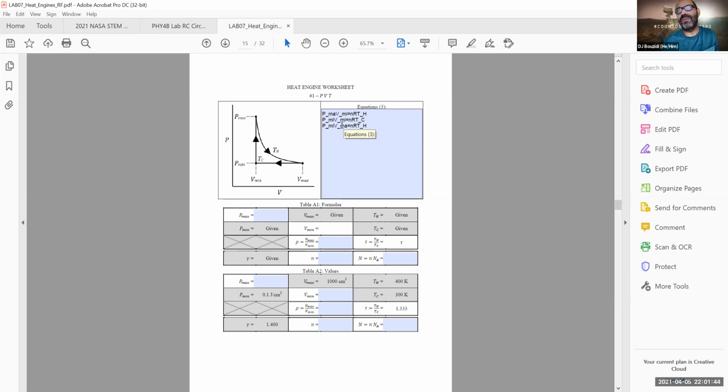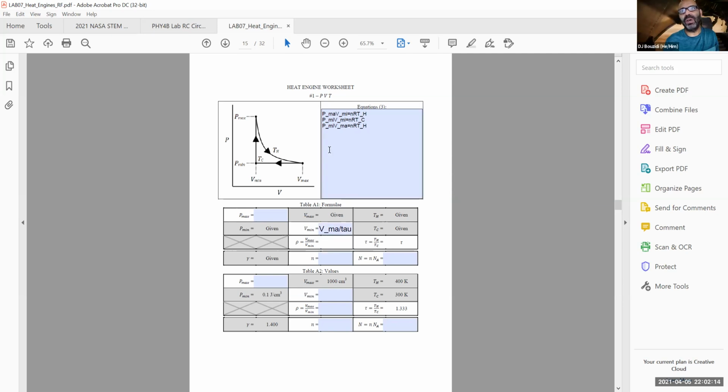So Vmin is going to be Vmax divided by tau, because it's going to involve TC over TH, and TC over TH is 1 over tau. Okay. So this is an expression in here.